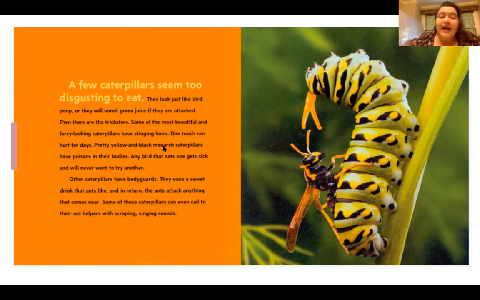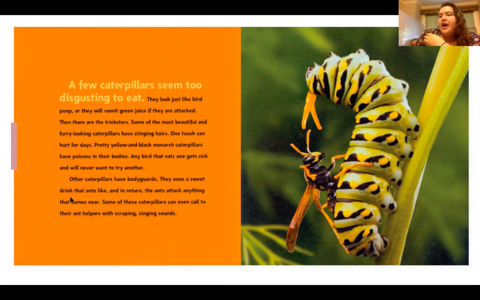Pretty yellow and black monarch caterpillars, like the one in the picture, have poison on their bodies. Any bird that eats one gets sick and will never want to try another one. Other caterpillars have bodyguards. Those are people who protect you. They ooze a sweet drink.